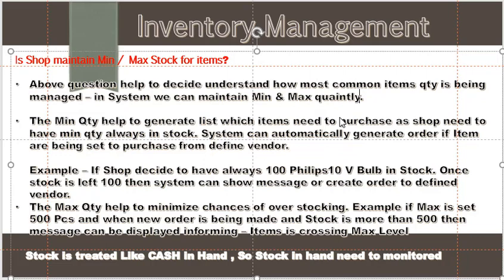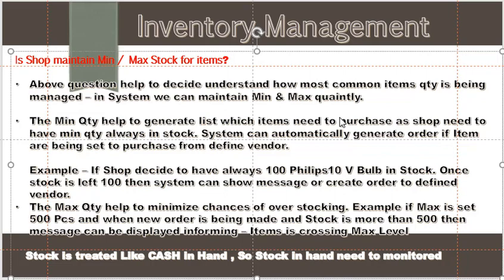the min quantity helps to generate the list of which items need to be purchased, as the shop needs to always have a minimum quantity in stock. The system can automatically generate an order if the item is set to be purchased from a defined vendor. Suppose you have an electrical shop and you have decided you must always have 100 pieces of Philips bulbs.